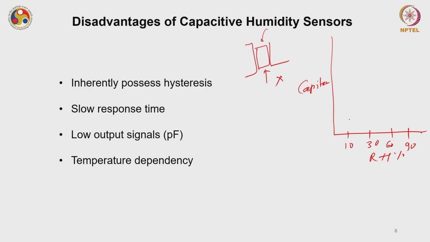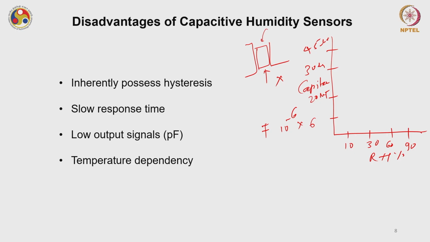Say at 10, the capacitance is some microfarads, say 6 microfarad. This is 20 microfarad, this is 30 microfarad, this is 45 microfarad.